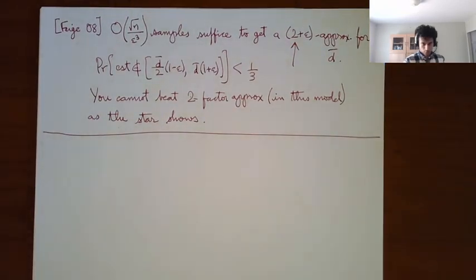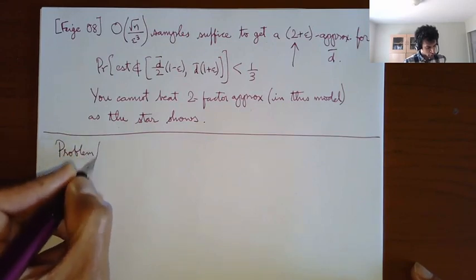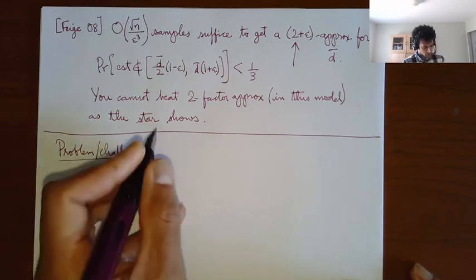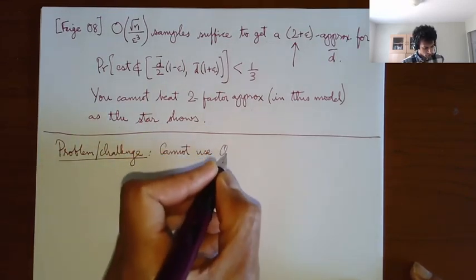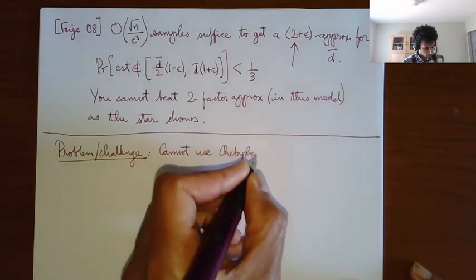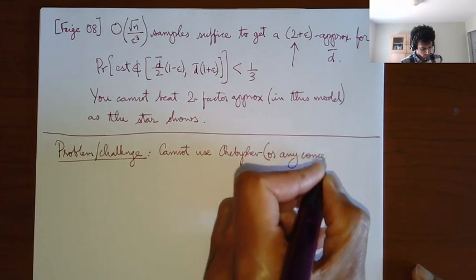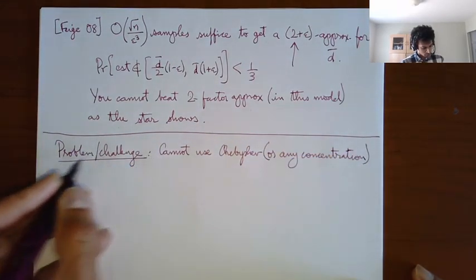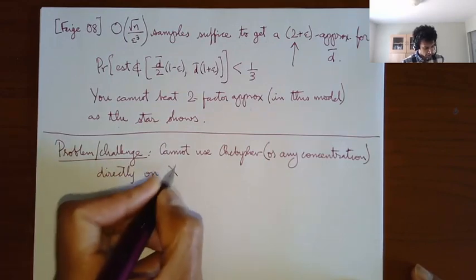So now as we said, the challenge is we cannot use Chebyshev, or frankly any concentration, directly on the random variable x.